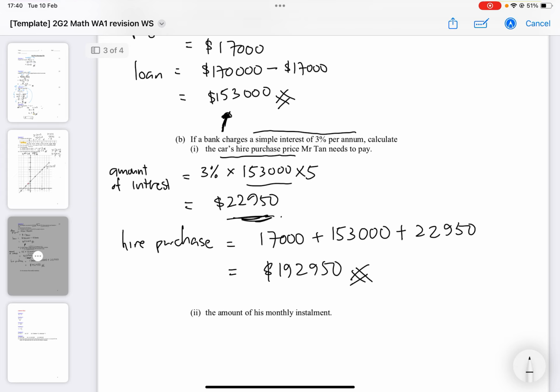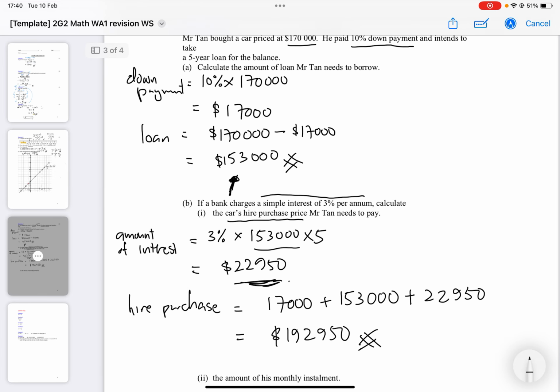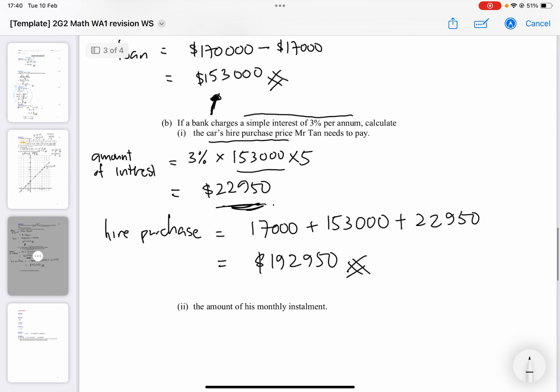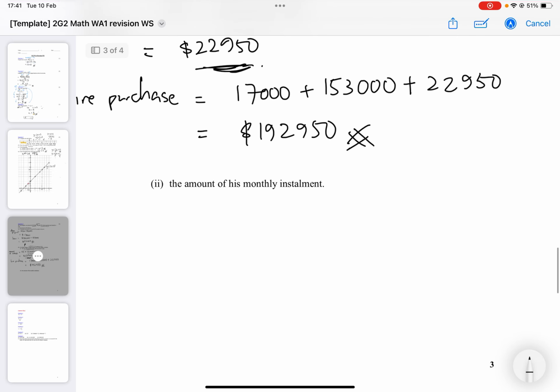Then the amount of his monthly installment. This monthly installment will not include the 17,000 that he already paid. It will only be the 153,000 plus the 22,950. The 17,000 I already paid to the shop.